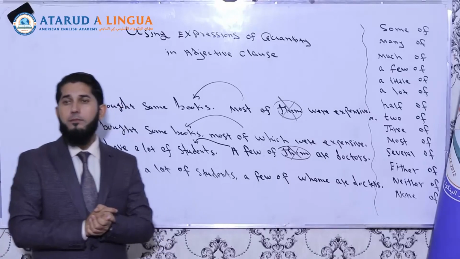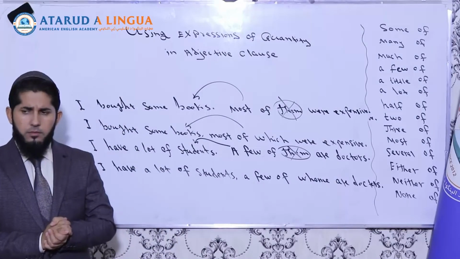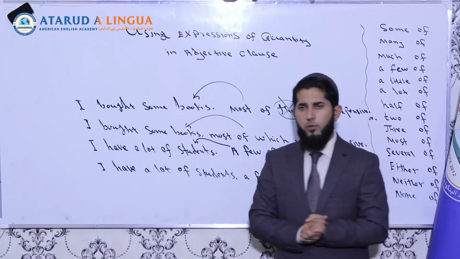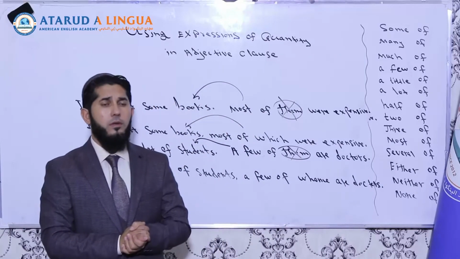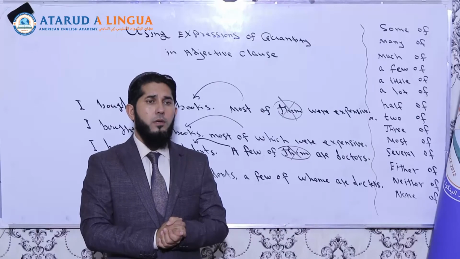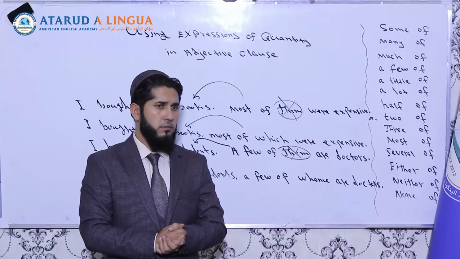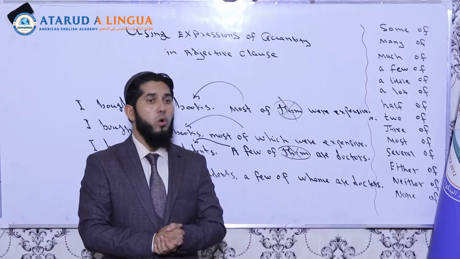Come on. I have a lot of books, most of which are related to Atarut or from Atarut. We have lots of teachers, half of them are senior. Okay. So now change it to: we have lots of teachers, half of whom are seniors.